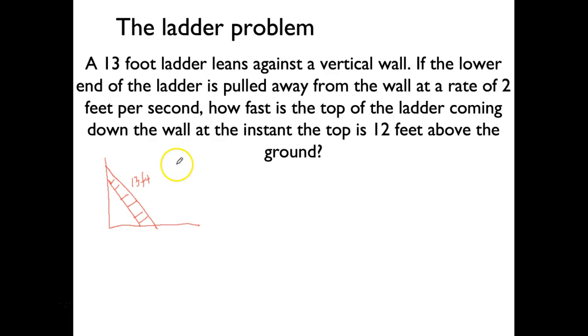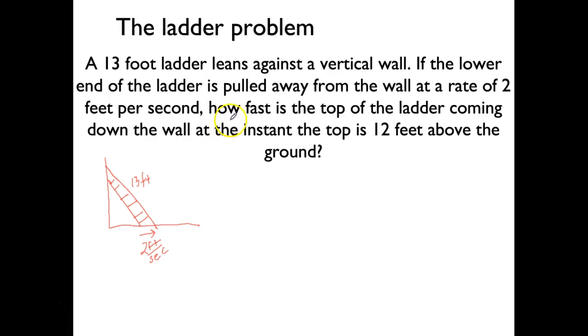13-foot ladder leans against the vertical wall. If the lower end of the ladder is pulled away from the wall at a rate of 2 feet per second, okay, so that means that somebody is pulling this away from the wall at 2 feet per second. Okay, someone's pulling the ladder away. So if you're pulling this away, obviously this is going to fall down, right?